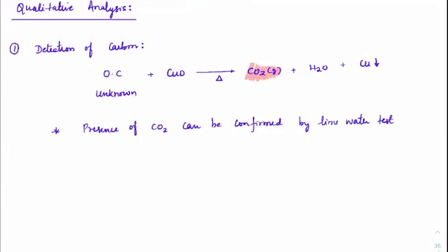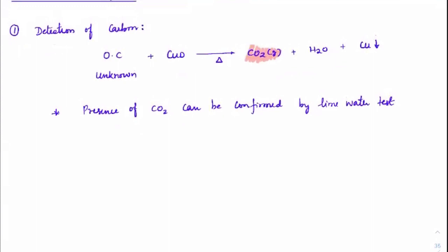Lime water test. So what we do here, we take calcium hydroxide, which is lime water, and whatever carbon dioxide gas is coming, we pump that into calcium hydroxide. And we see a white precipitate of calcium carbonate forming.